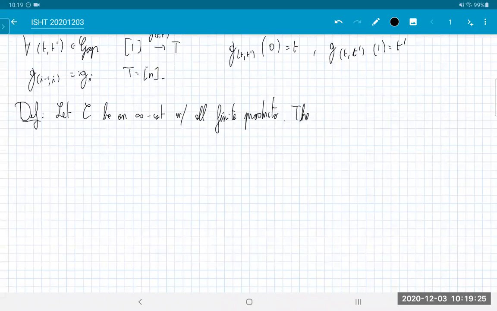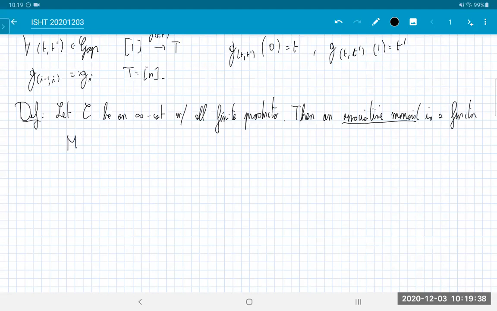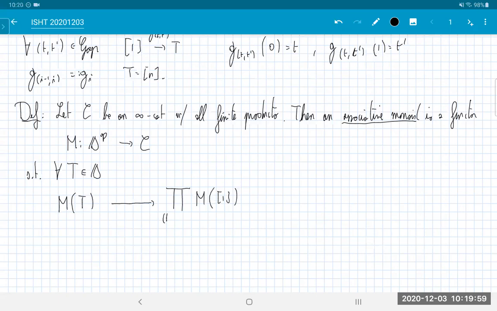Then an associative monoid is a functor from delta up into C such that for every T in delta, I have a map from M of T to the product of M1 for all T prime in gap.